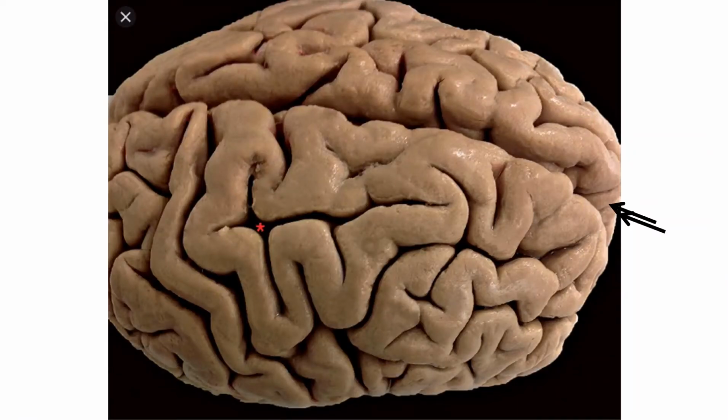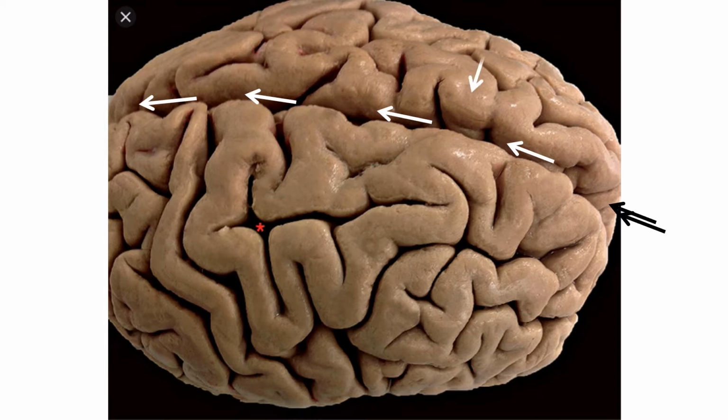What is this image telling me? It is telling me that this is the superior view of the brain, and I can see that there is a very deep groove dividing the upper part of the brain into two halves.